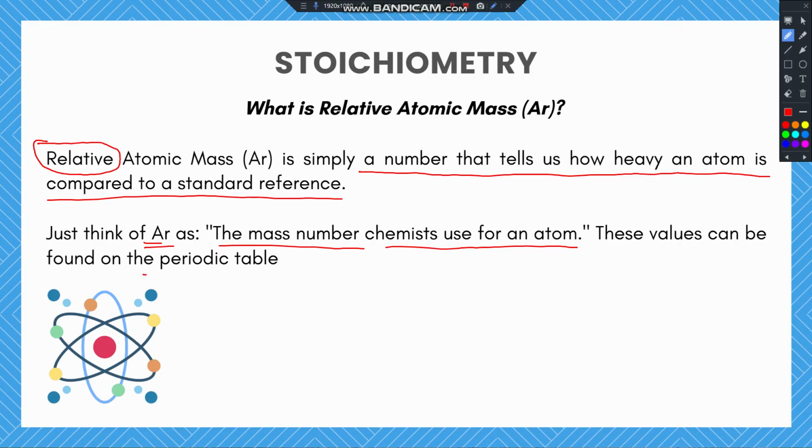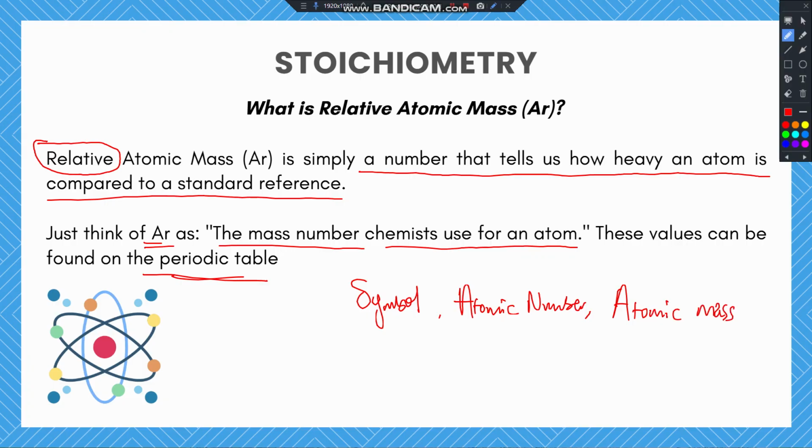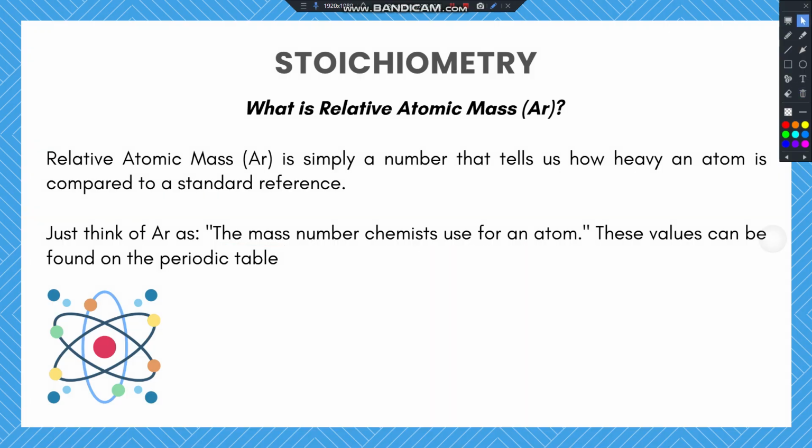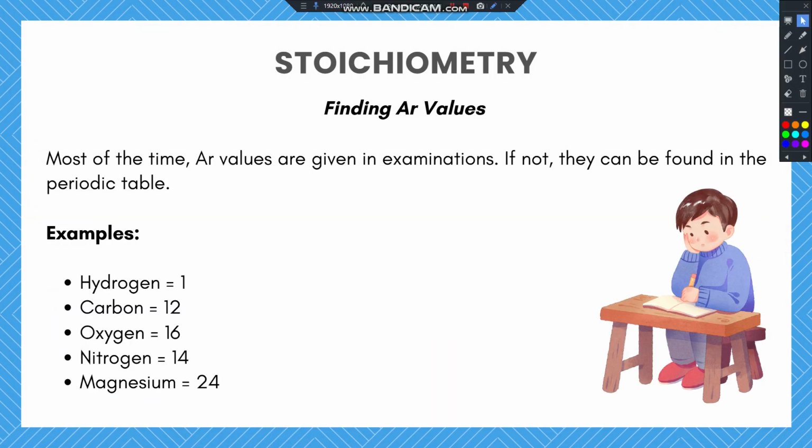So just think of it as the mass number that chemists use for an atom. These values can be found on the periodic table. When you check out the periodic table, you will find the symbol of an element. You would also find the atomic number of that element. And then one other thing you will find is the atomic mass of the elements. So you need to have all these things at the back of your mind. They are very, very important. Another question to answer now would be, how do we find the relative atomic mass values?